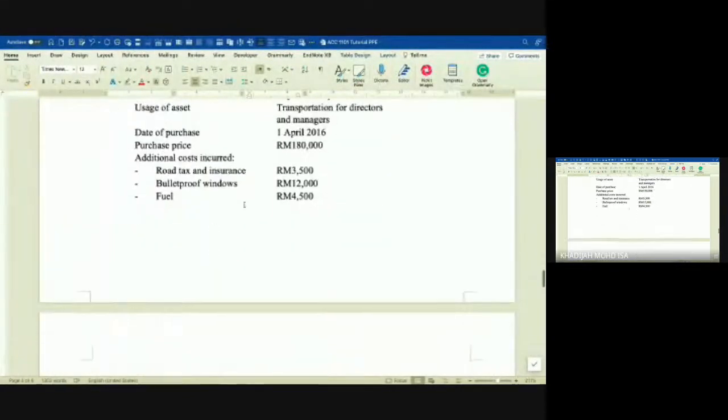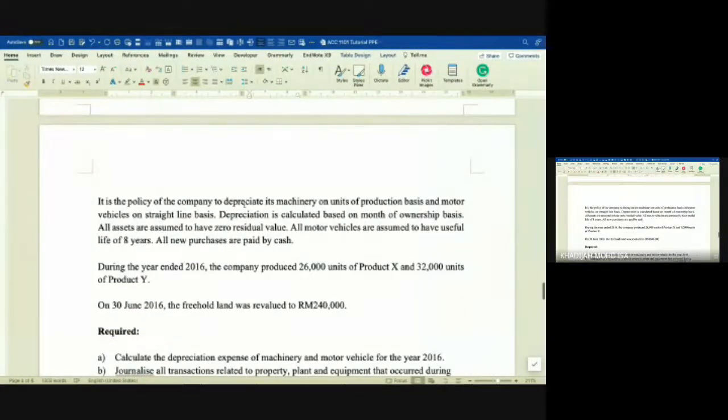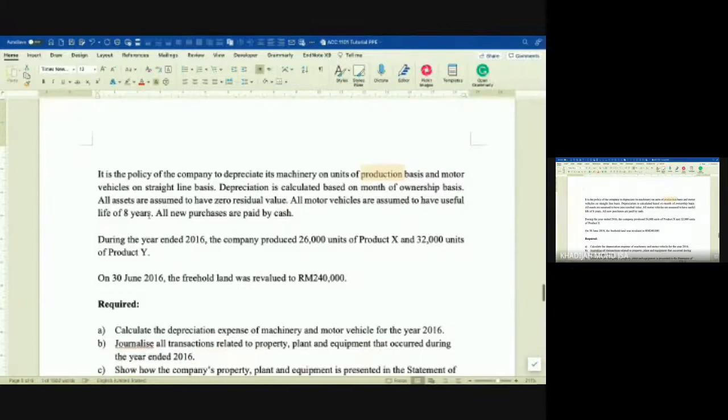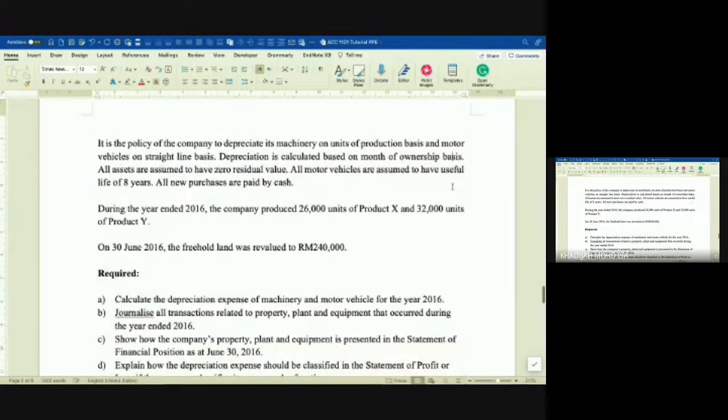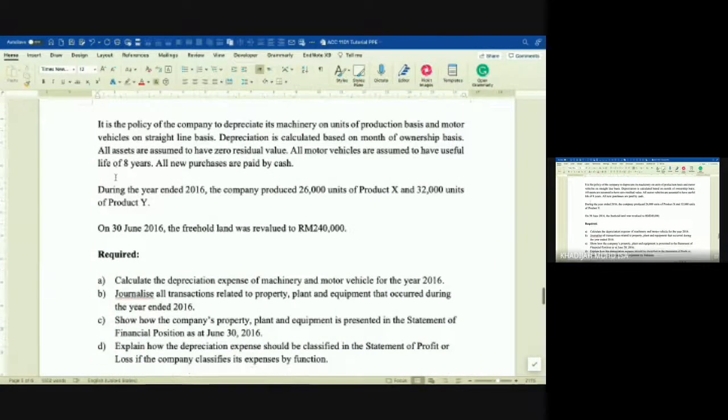Ada 2 machine, new machine, and then machine is production units and motor vehicle straight line basis. So take note of those information, yeah. And then remember that it's an ownership basis, so you have to apportion the number of months you own the asset, 0 residual value, and then you have a full life of 8 years.